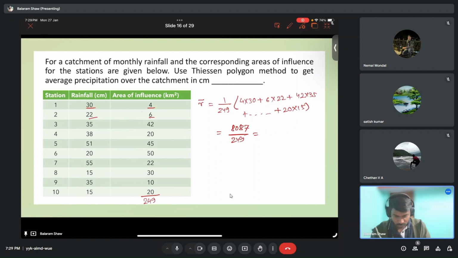So if I draw the catchment, this is less than 10, this is 10 to 20, this is 20 to 30, 30 to 40, 40 to 50, 50 to 60, and so on. This area is for less than 10 centimeter, this area is for 10 to 20 centimeter, and so on. For the first isohyet, we have the area of influence as 2.